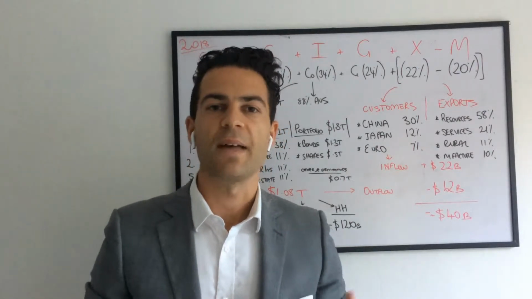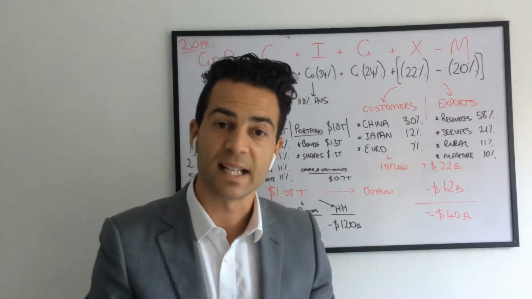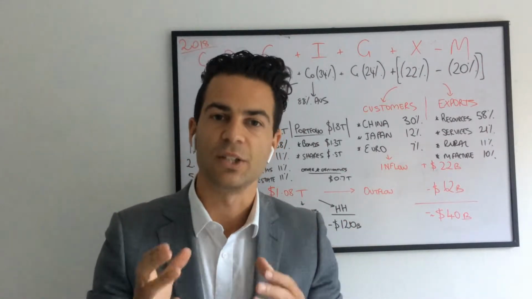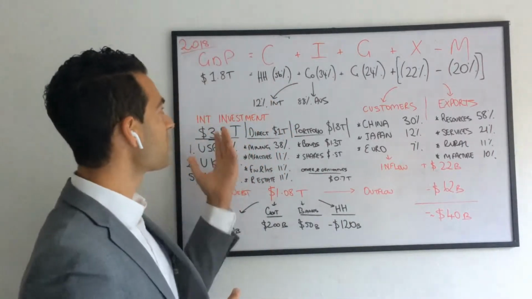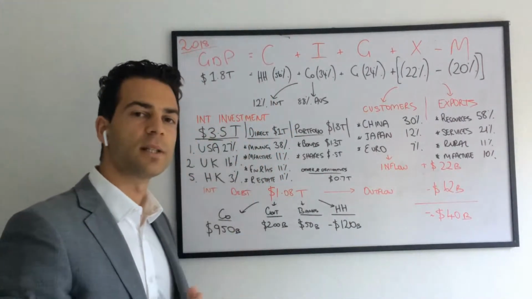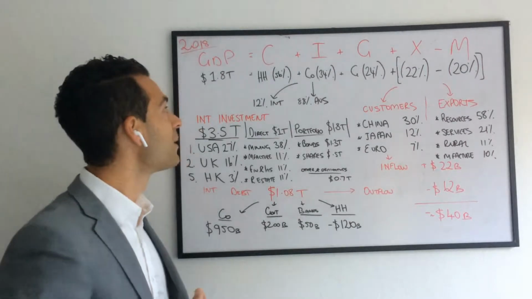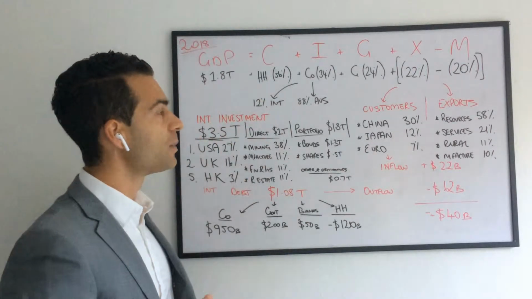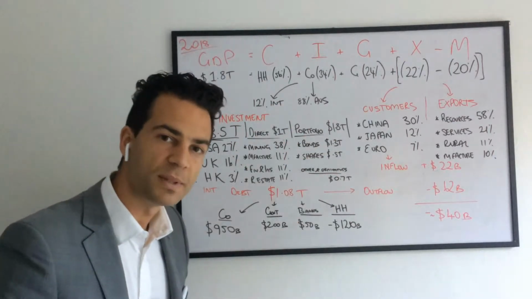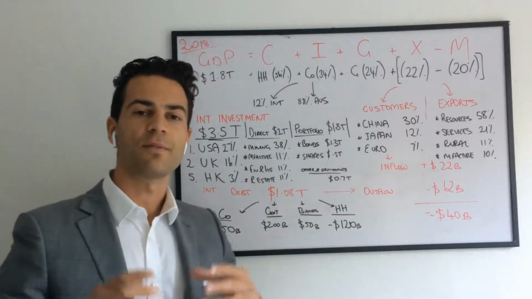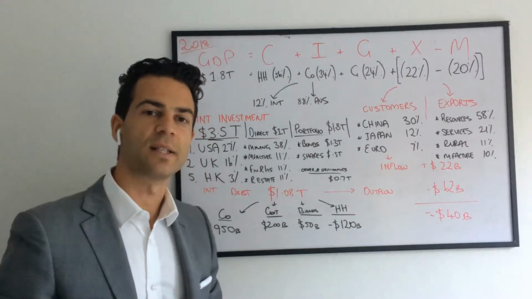Let's have a look at the gross domestic product for 2018 and how it all worked in conjunction with our international investors. Gross domestic product was $1.8 trillion in 2018. There was consumption, which is 56% of that, investment, which is 34% of that, and right now I want to focus on the investment side of things.